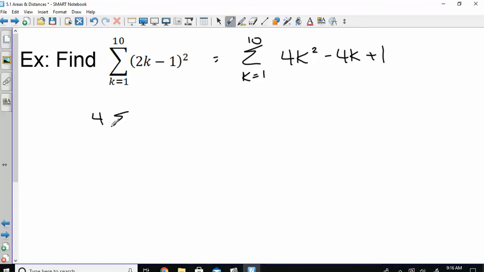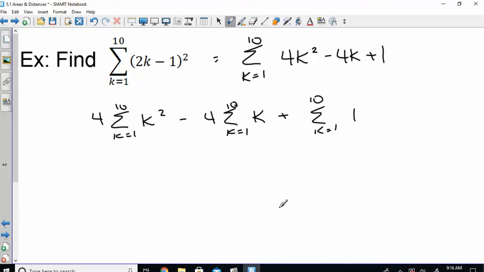So we'll end up doing 4 times the sum of k squared minus 4 times the sum of k plus the sum of 1. This line right here is kind of optional. You don't necessarily have to write that out. I'm just doing it to show you exactly what's going on.